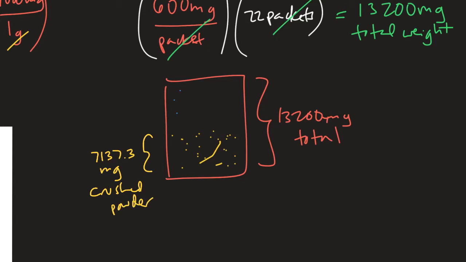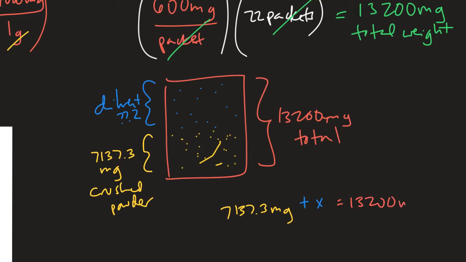How much of the diluent are we going to need to fill the rest of the powder packets? So mathematically it works out as 7137.3 milligrams of crushed powder plus X to solve for the diluent gives you 13,200 milligrams total.